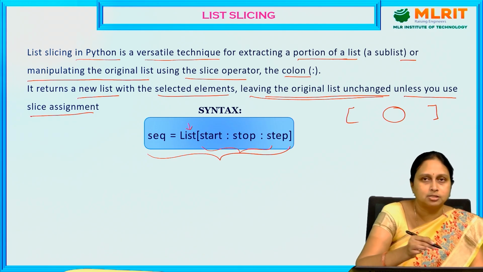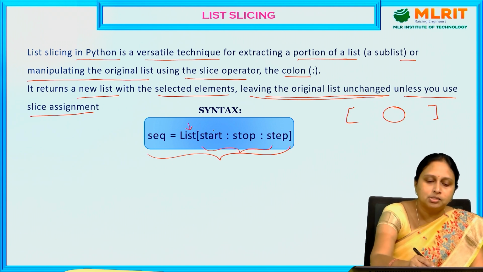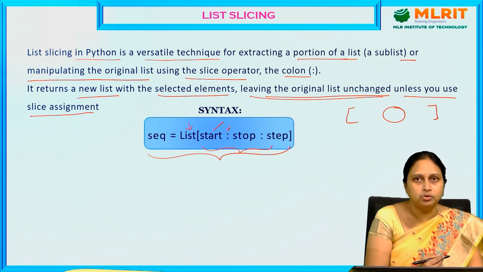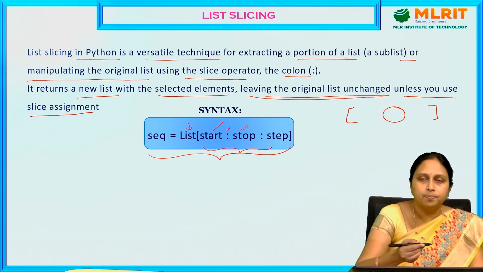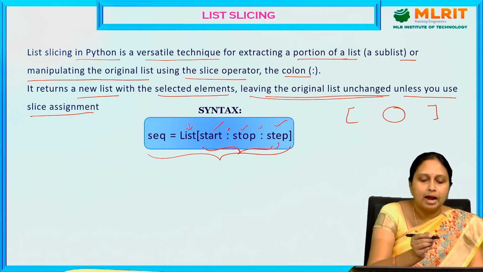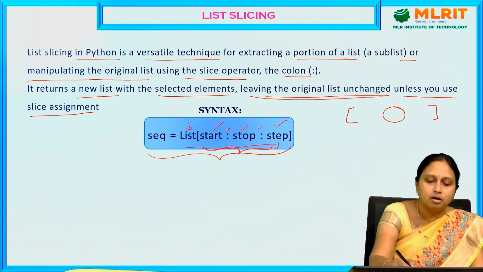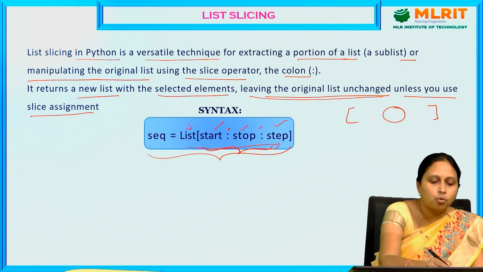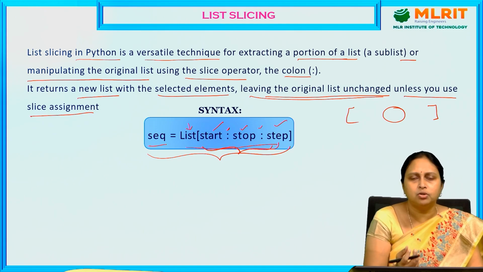One is the start, then a colon, which is the slice operator, followed by stop, then again a slice operator, then step. These are the 3 parameters we pass in the list, and this complete expression we store in a variable called sequence. You can give any name, like my list, or any variable name like a.